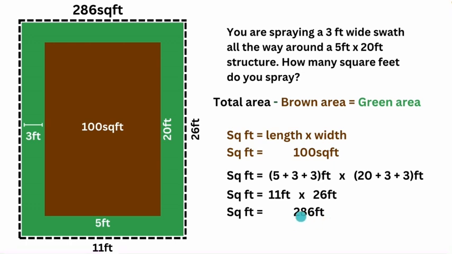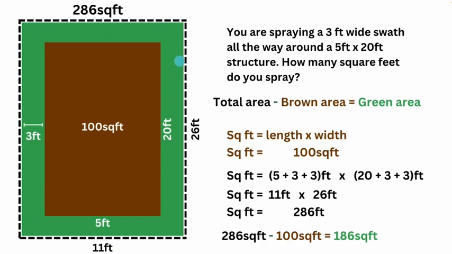Okay, so we end up with 286 square feet for the total area, minus 100 square feet. That's the total area minus the inside, the building, the brown area. The bigger one minus the small one. That means that this green area all the way around is 186 square feet.